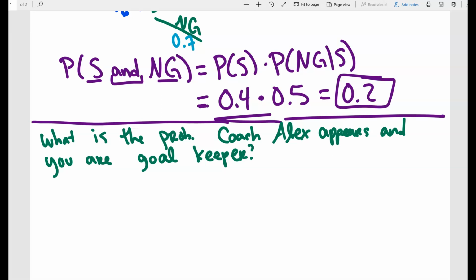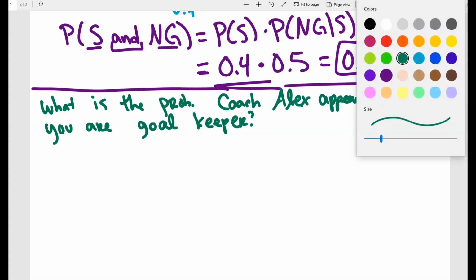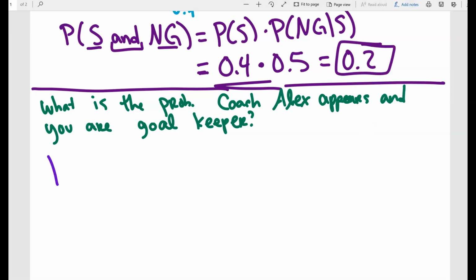Okay, so what would be that probability? Let me write it in a different color. So you want to find the probability that Coach Alex appears and you are goalkeeper.